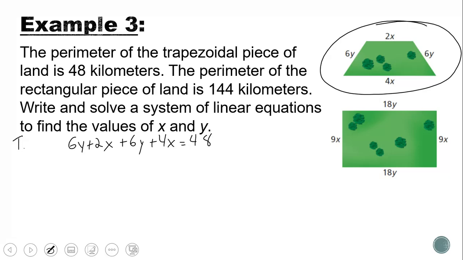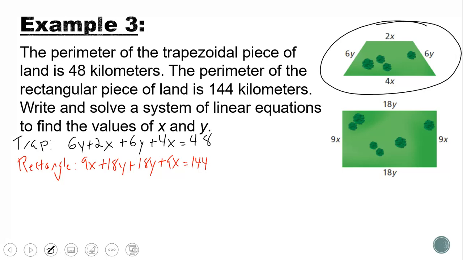So this is my trapezoid. And then for my rectangle, I'm going to have 9x plus 18y plus 18y plus 9x is equal to 144.